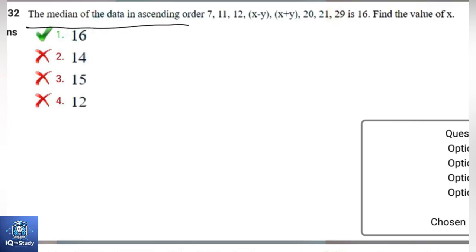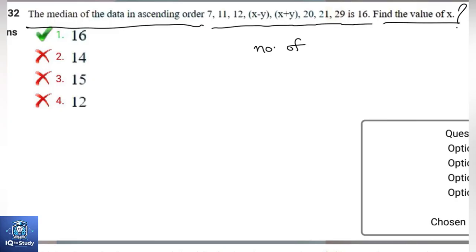The median of data in ascending order 7, 11, 12, x minus y, x plus y, 20, 21, 29 is 16. Find the value of x. Let's calculate the number of terms.